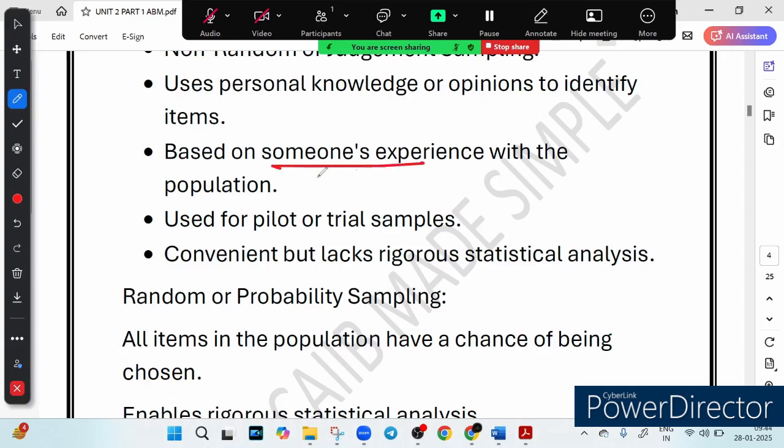We base it on someone's experience with the population. For example, let's suppose an oil drilling company might use the expertise of geologists to decide where to drill based on soil samples. It relies on whom? Geologists, the experts.